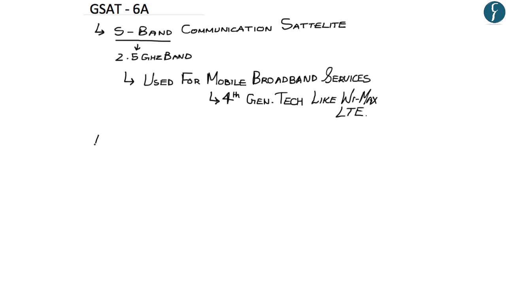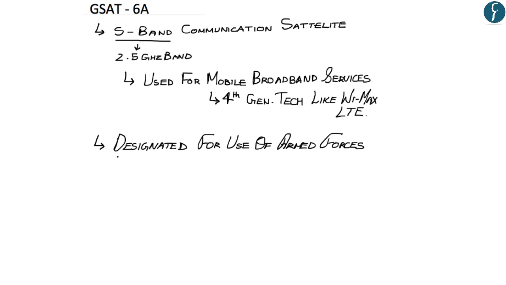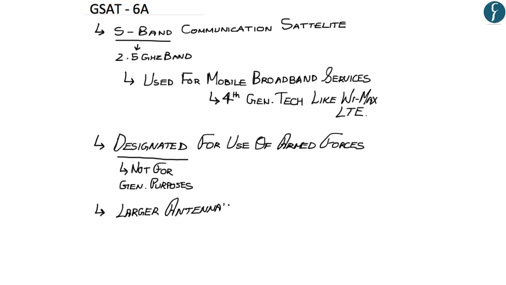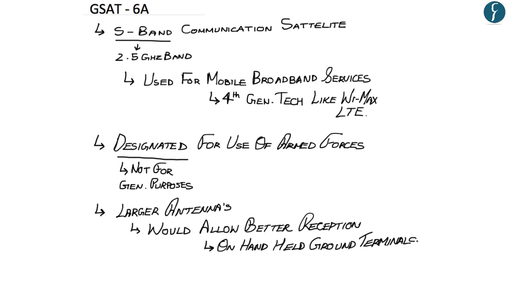GSAT 6A is specially designated for the use of the armed forces, meaning that it would not be used for general purposes. It would have larger antennas on the satellite, which would allow better reception on handheld ground terminals, and because of this, it would not require large ground stations.